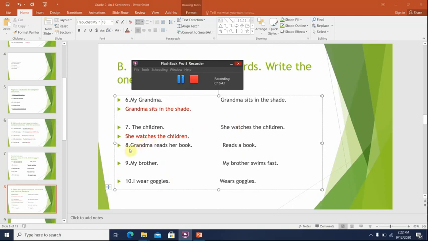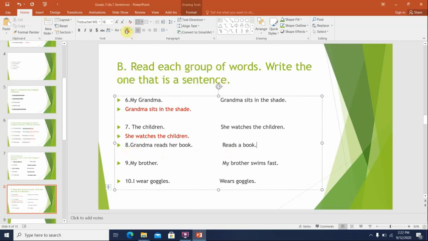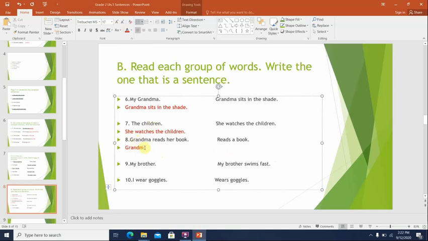It says here, number 8, grandma reads her book and reads her book. Of course, the first group of words is a sentence because it tells you who is reading the book. So grandma reads her book. Right?